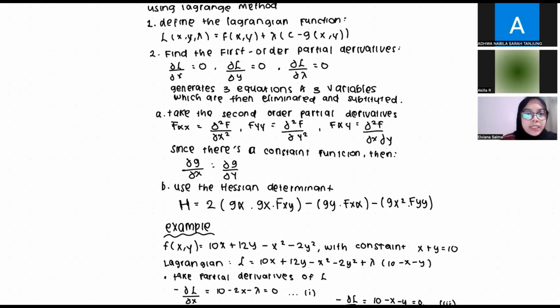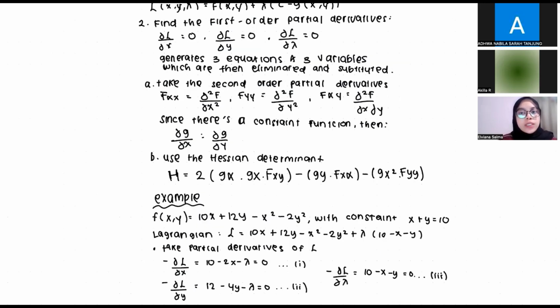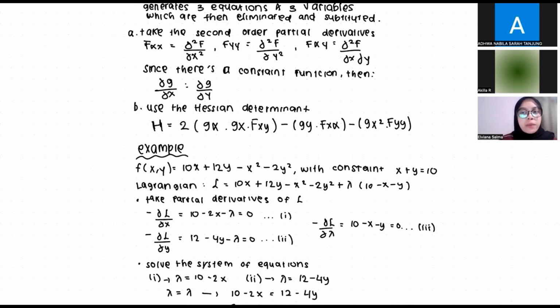Next, the Hessian determinant. Since there is a constraint, we use a special formula. H equals gx squared times f double y minus gy squared times f double x minus 2 times gx times gy times fyx.